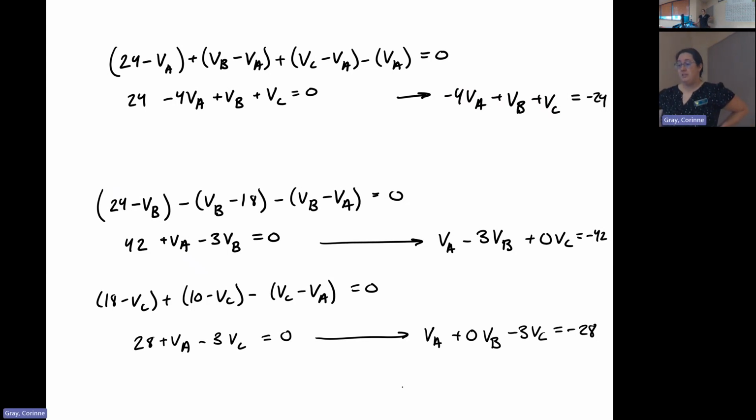So if we do it with the determinants, let's see if we did this correctly.